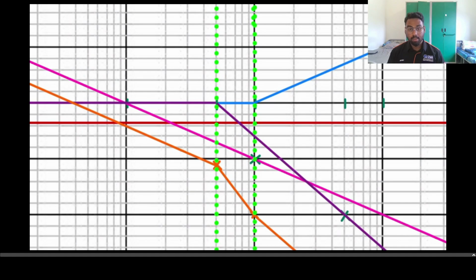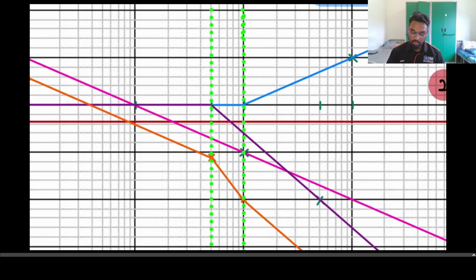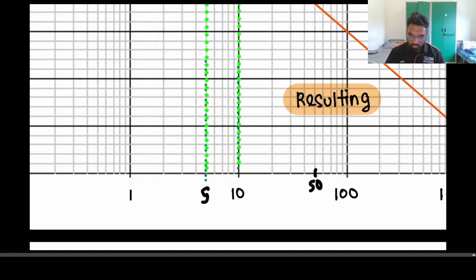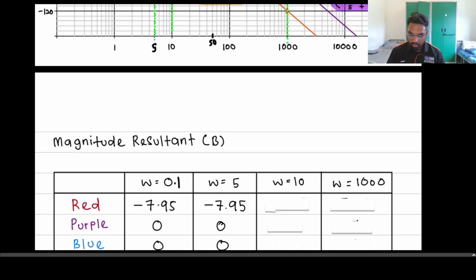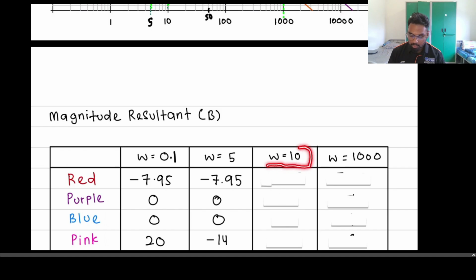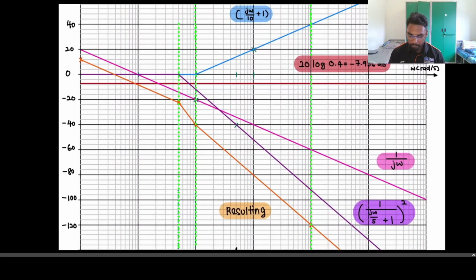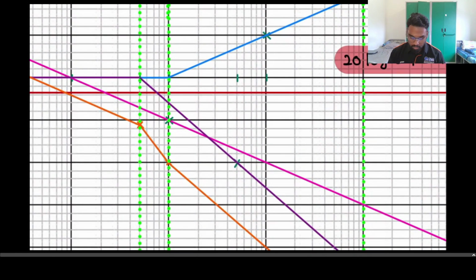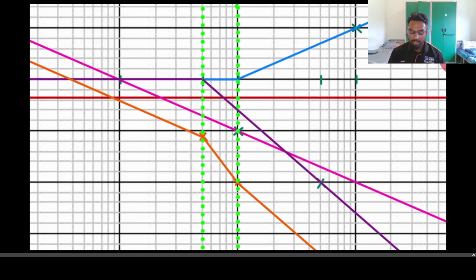We do the same step until we reach the next decade, which will have a change. As you can see, the blue line stops here and it has an increment. So that will be our next decade, which is 10. Go ahead and put the next table, which is the omega 10. Let's see how many lines are intersecting there.